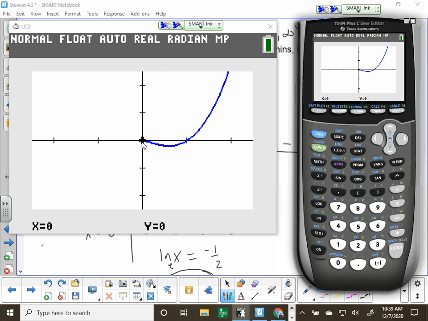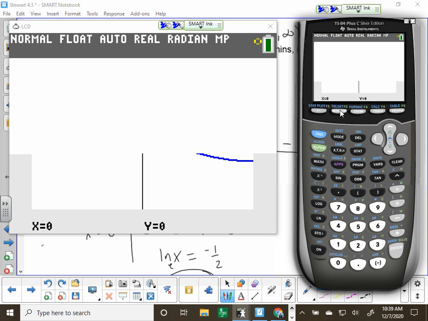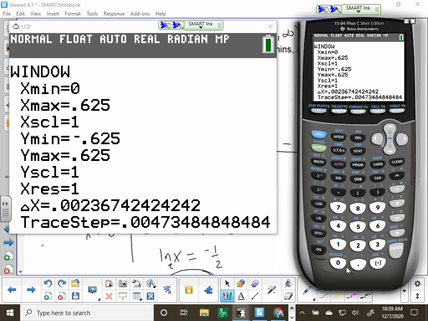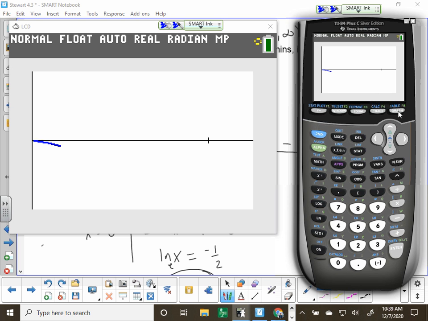So you can see that it is concave down here and then it switches to concave up. I'm going to zoom in one more time, and I'm going to change the window so that you can see it more. So I'm going to put this at 0, and I'm going to change this to 1.25, just doubling what was there.